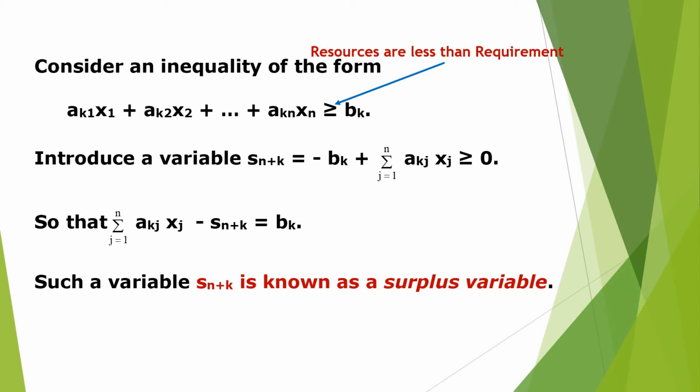Again, the non-negativity condition of the newly introduced variable should get satisfied, so we are putting the greater than or equal to sign. If I rewrite this expression, I have sigma j running from 1 to n Akj xj minus Snk equal to Bk. Such a variable is known as a surplus variable.